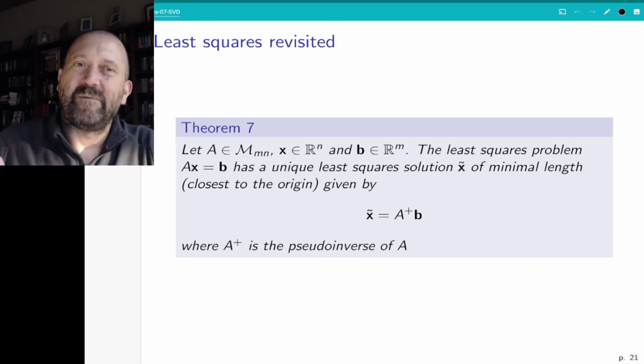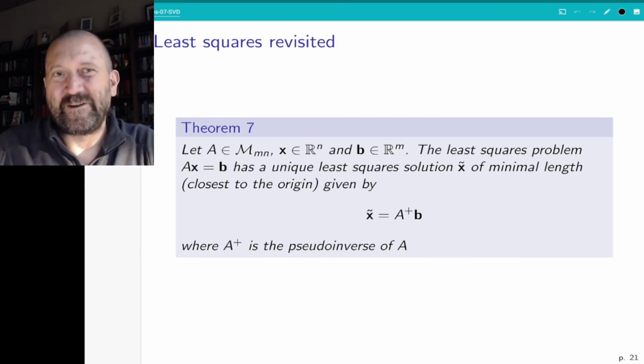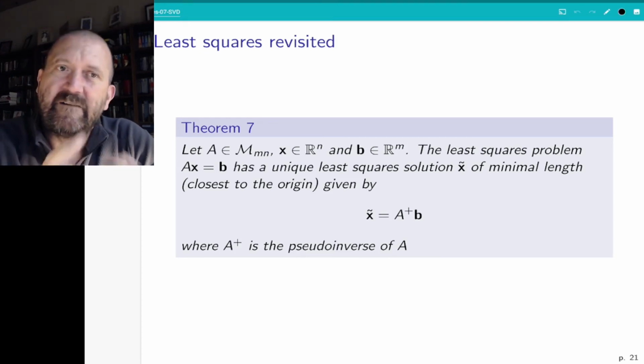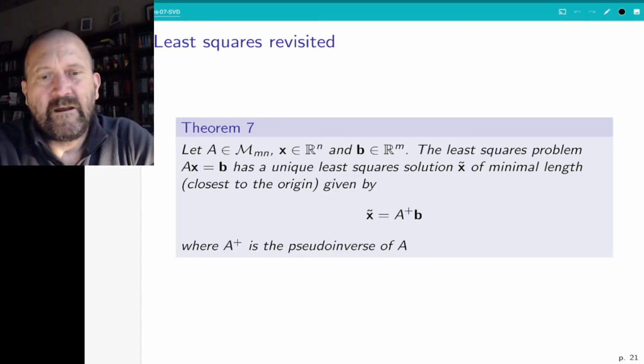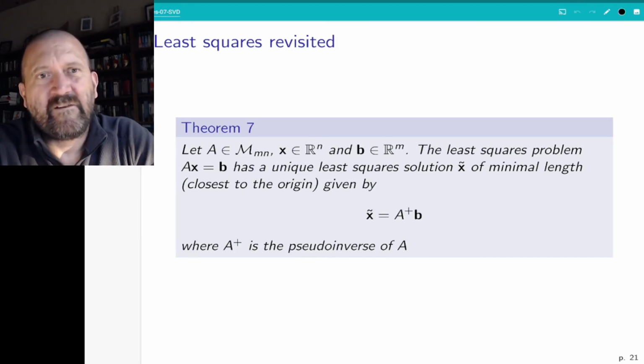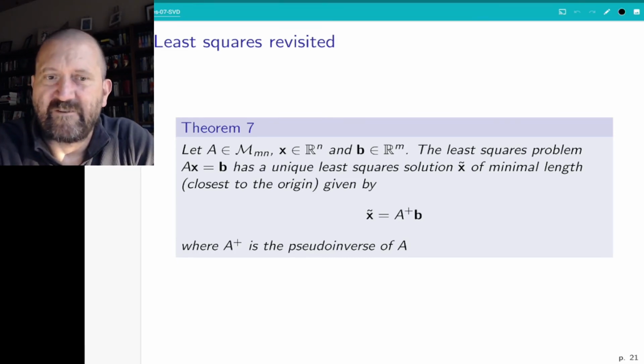And next time, probably next video, I'll have examples of computing the SVD and examples of using this. So let me suppose that I have a matrix A in Mn. I take a vector X in Rn and a vector B in Rm. So this is a linear least squares problem, Ax equals B, that we saw earlier.